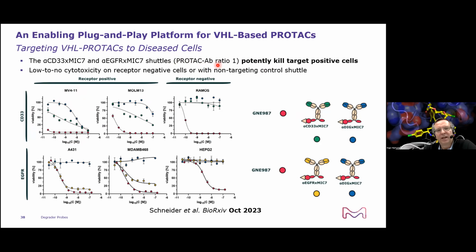And you can already guess, looking at the data, and I mentioned the effect of the number of receptors on the cell surface, how you can now design or modify what you're doing to broadly open up this window. And if you go to the receptor negative cells, you see exactly what you would expect to see, that you detoxify with both shuttles while the PROTAC itself kills the cells.